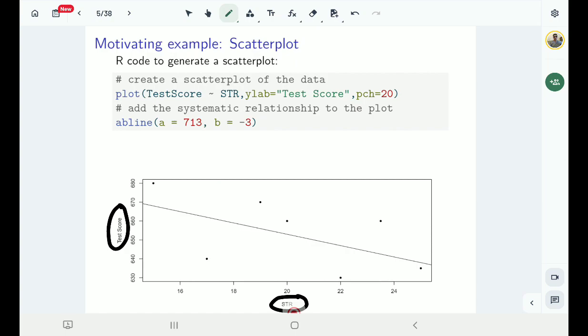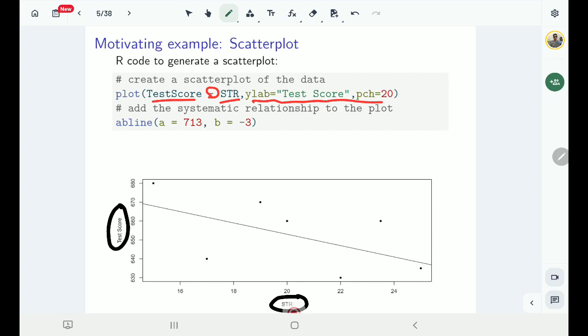Here we make scatter plot. How do you make scatter plot in R? So the variable that you want to put on the y-axis comes first, and then you use tilde sign, and then the variable that you want to put on x-axis comes second, and these guys are actually optional things.